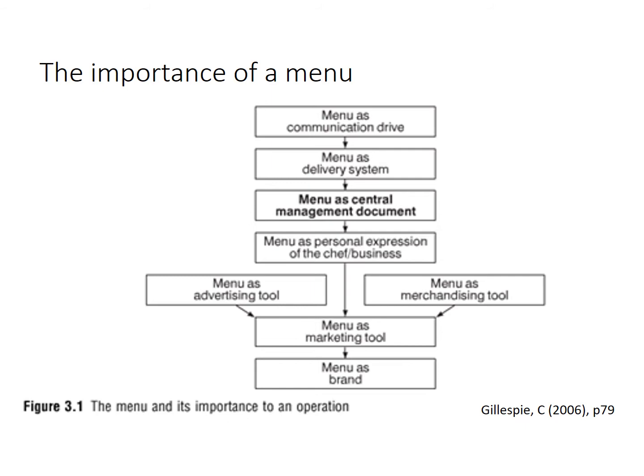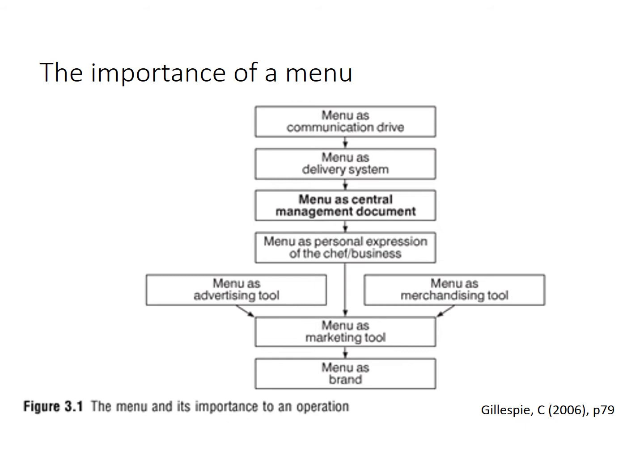Menu as a central management document. For instance, all the different products, the different range of products, the different sizes and what's going to be offered, which then dictates meeting those customers' needs by that menu design, which then links back into forecasting, which then leads into ordering the ingredients for that menu.